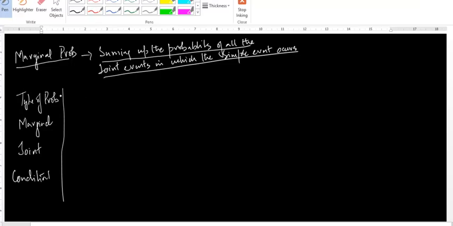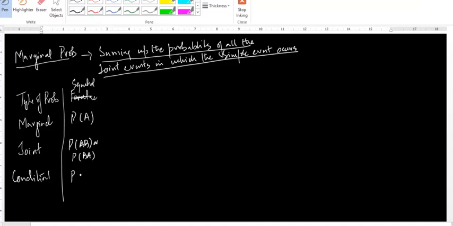Now how do I actually calculate them? Let me first write down the symbols. It can be simply the probability of A, the probability of AB, or the probability of BA, it does not matter.